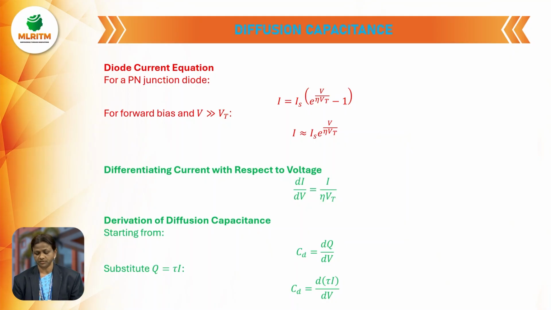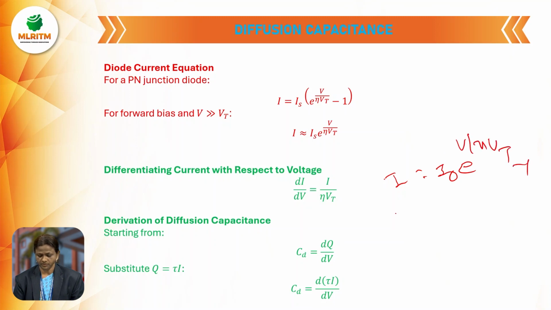I naught is nothing but a constant value. So di by dV equal to I naught into e power v by eta Vt into 1 by eta Vt.